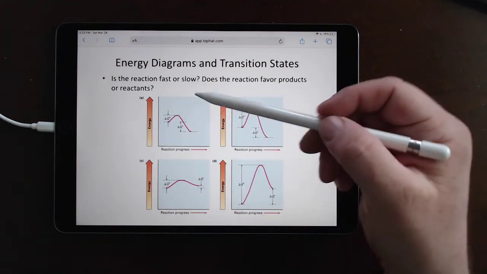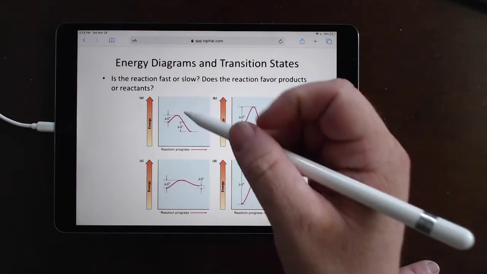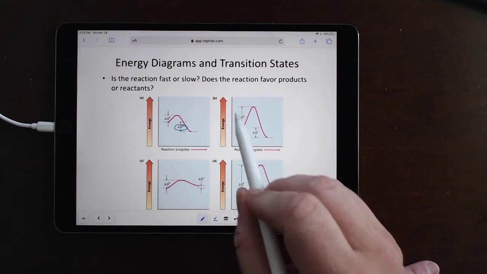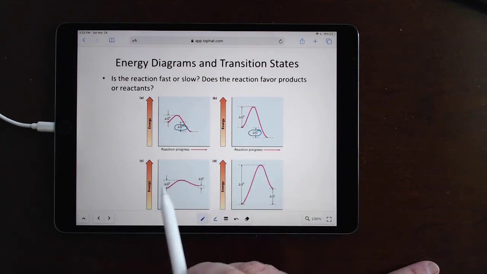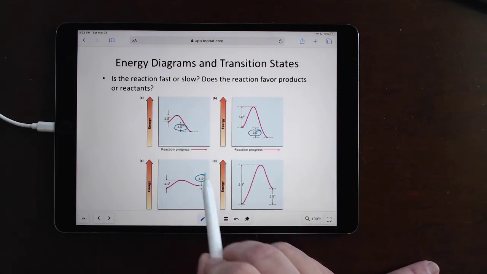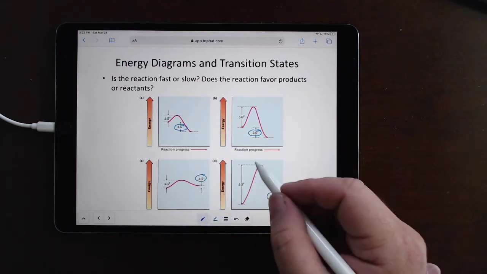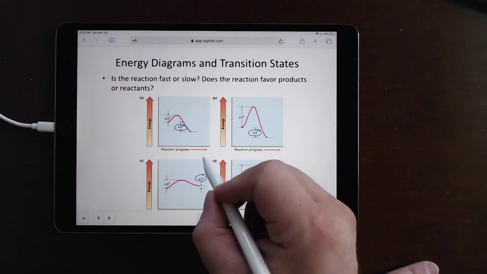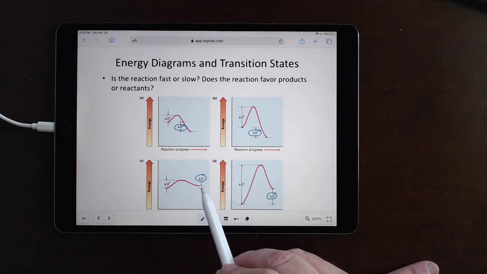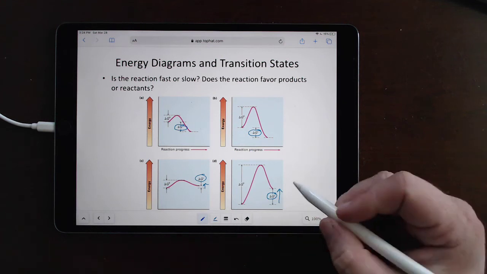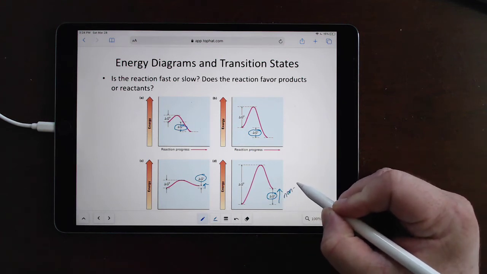Okay, and so for these guys here, if you look at delta G 0 overall, these guys here are non-spontaneous, right? Because it's going up, right? So up, up. Okay, so this is non-spontaneous.